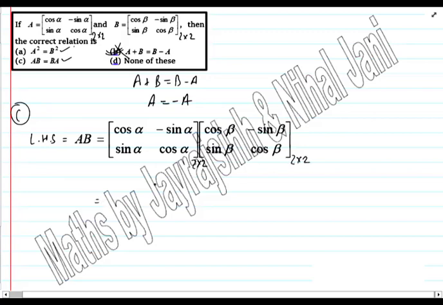For that, we have to check the order. So yes, they satisfy the condition, and our answer will be in terms of 2 cross 2. So we can say our answer has 2 rows and 2 columns, right? Okay, now let's obtain all the elements one by one.